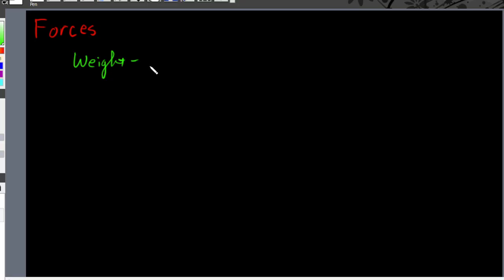And so weight is simply the pull of gravity on an object. All right. So weight is how hard gravity is pulling on an object.